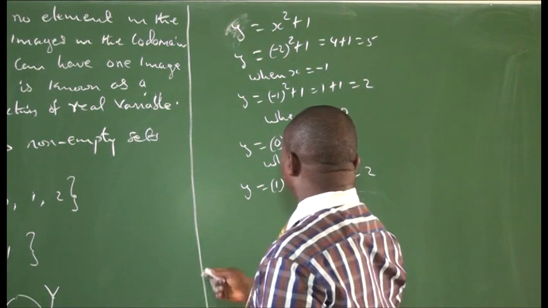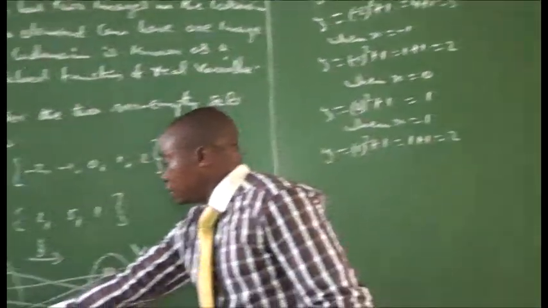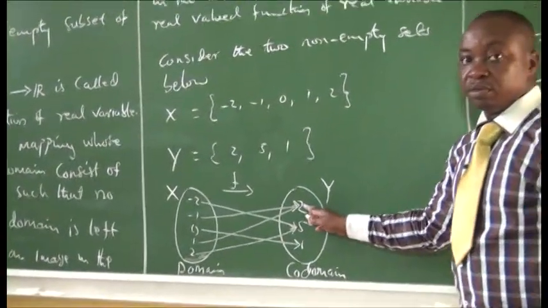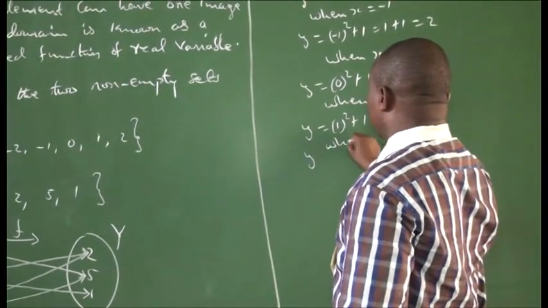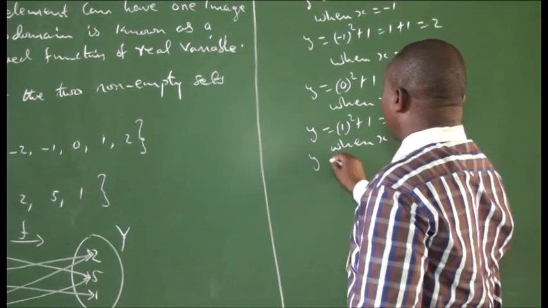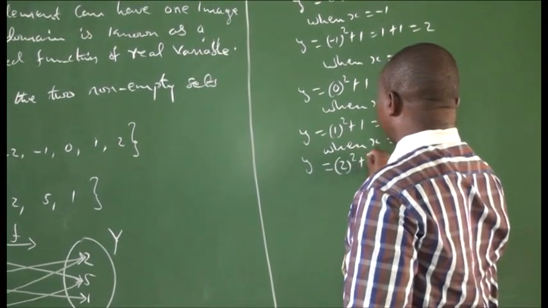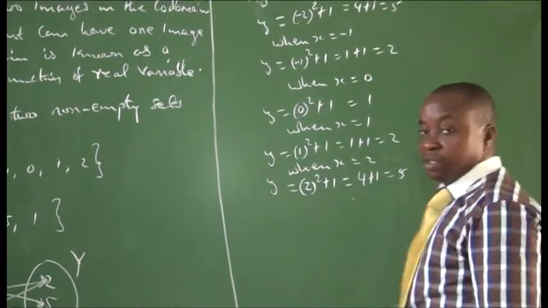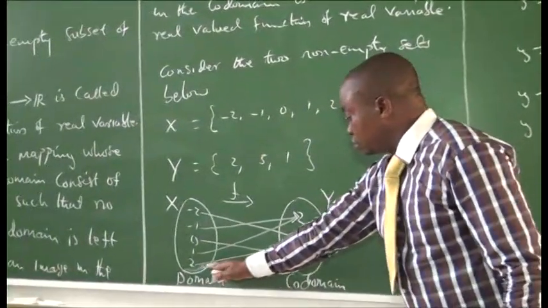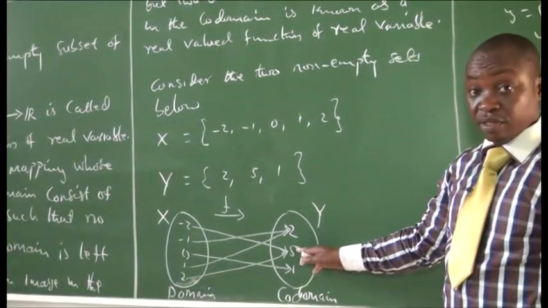So at 1, the arrow is directed to 2. Again, when x equals 2, we have y equals 2 squared plus 1, which gives us 4 plus 1, which is 5. Notice how 2 is directed to 5.